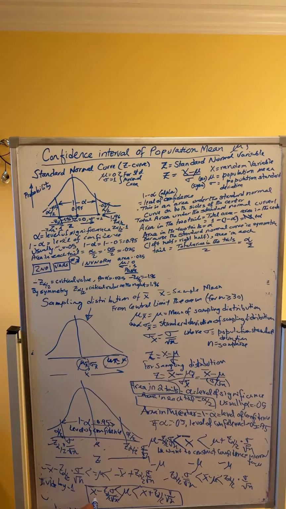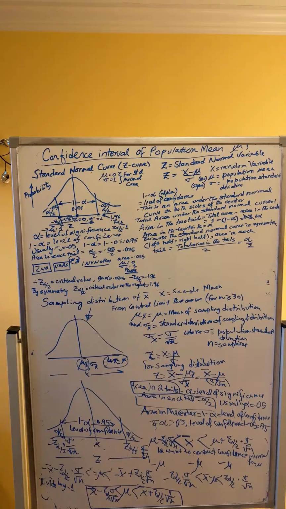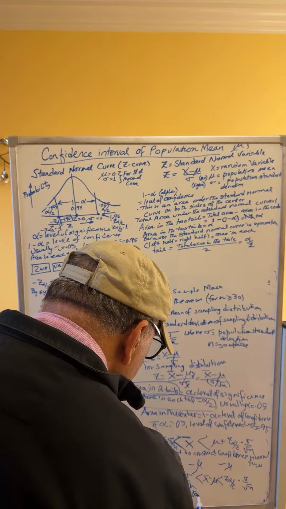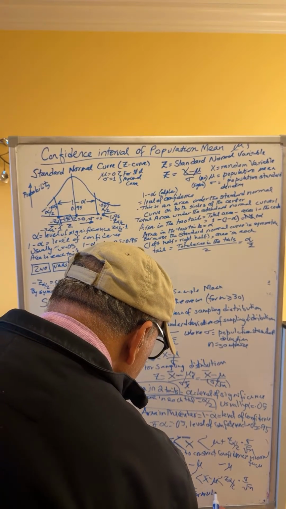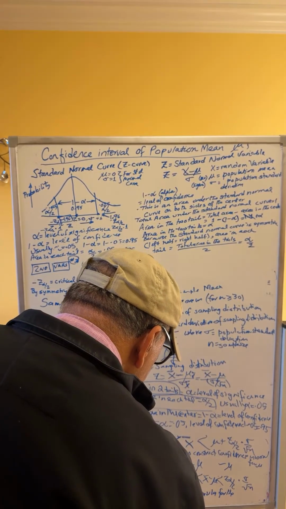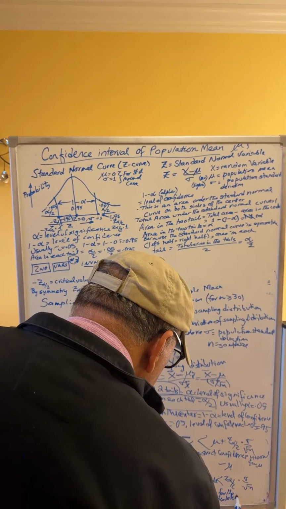On the left will be x bar minus z alpha by 2 times sigma by square root of n. On the right boundary will be x bar plus z alpha by 2 times sigma by square root of n. This is the formula for the confidence interval of mu.